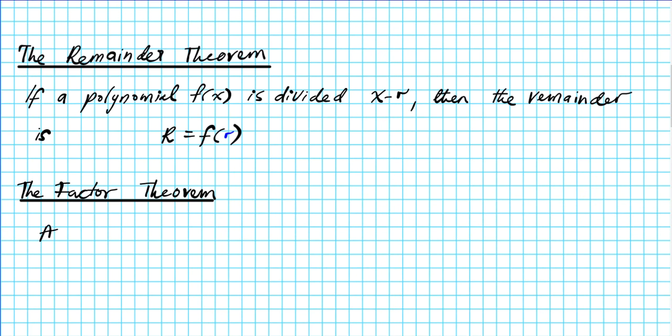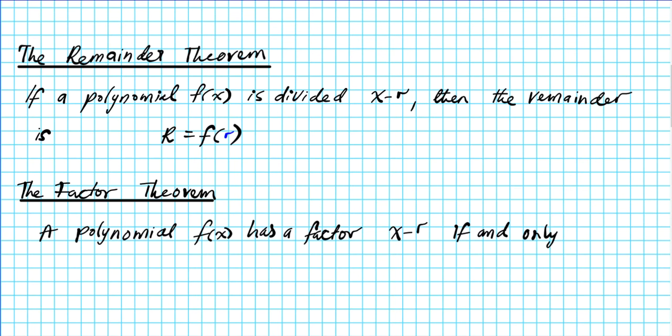A polynomial, let's say f of x, has a factor of the form x minus r if and only if the function evaluated at the 0 of that factor, f of r, is equal to 0.